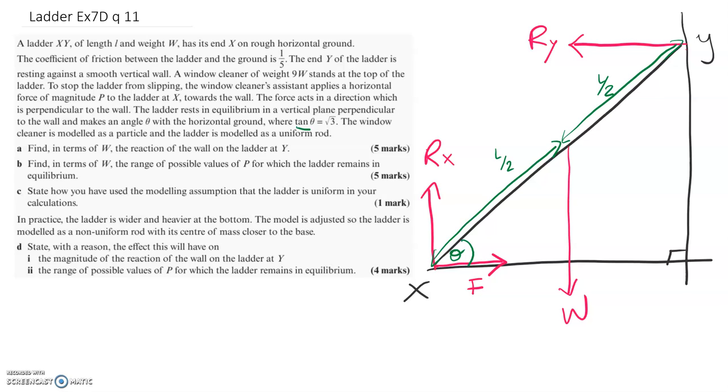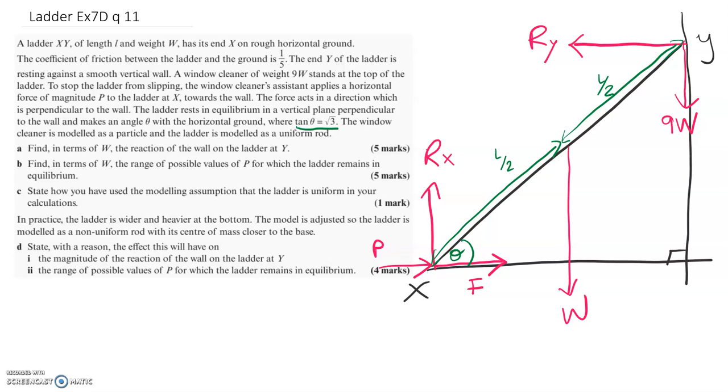They've told me tan theta is √3. And then we also have a push force because we have an assistant at the bottom pushing to stop it sliding. And then we've also got somebody standing at the top with weight 9W.